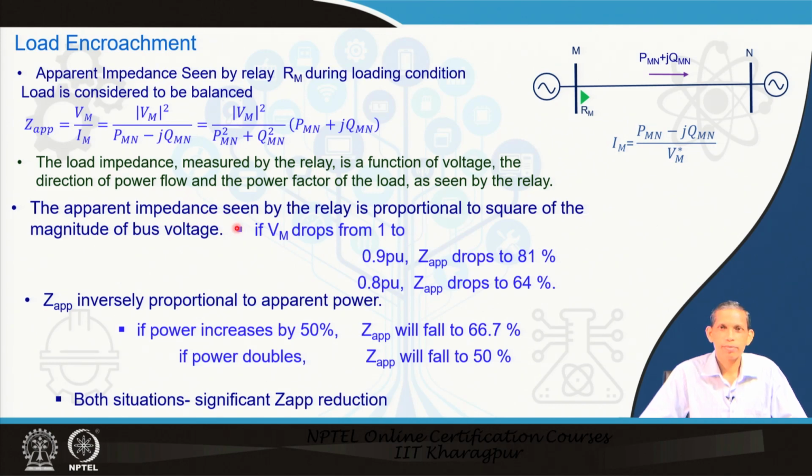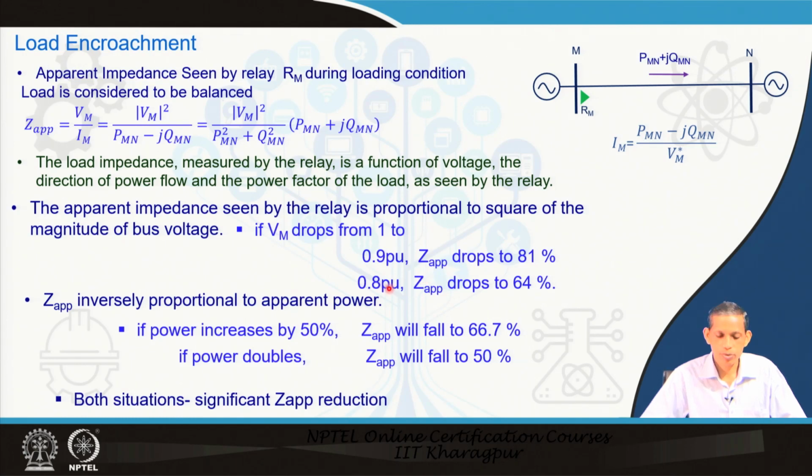So, if the voltage drops from 1 per unit to a lower value, say 0.9 per unit, without change in load, assume that, then the square of 0.9 means 0.81. So, the corresponding Z apparent will fall to 81% of what was there at 1 pu voltage.